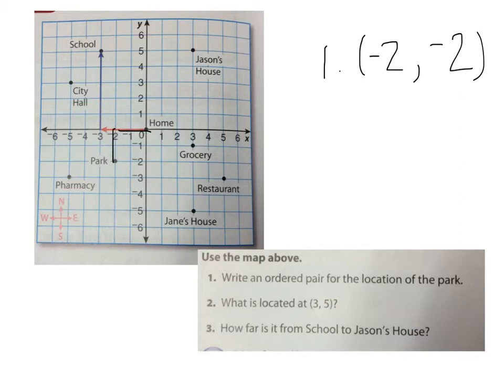What is located at 3, comma 5? Is that school? What's located at 3, 5? Jason's house. And Arjun originally said school.